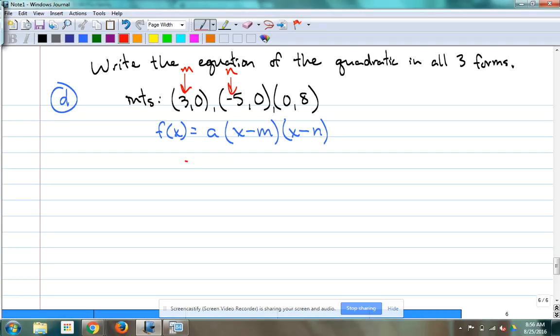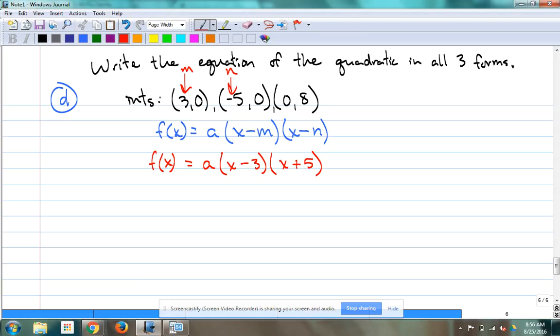So x minus 3, and then the negative 5 would turn that into x plus 5. So we've almost got intercept form done. What do we have to find? a. Well, maybe. How could I get a?